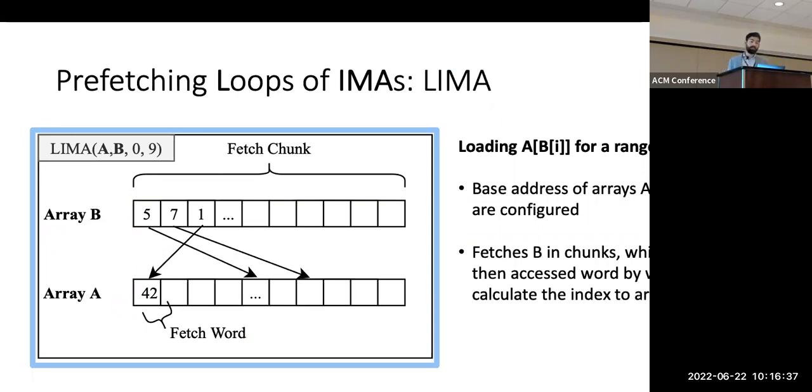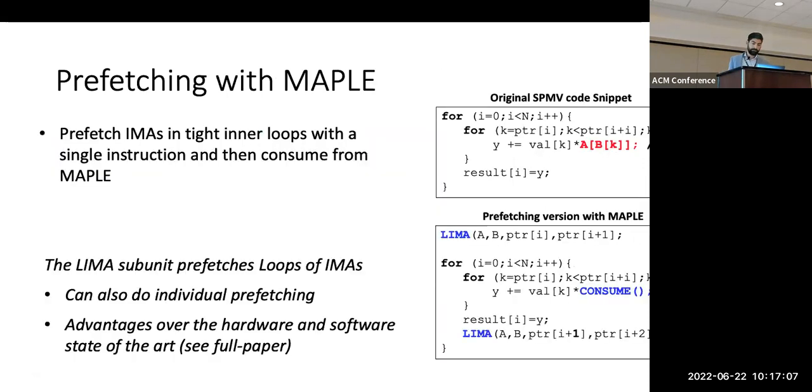So some sparse linear algebra kernels have IMAs in tight inner loops. Rather than issuing every operation independently, we fetch the whole loop with just one prefetch operation into hardware. So given the two base pointers A and B and a range, LIMA would fetch the whole loop in hardware and place the results on one of the queues that we saw previously from Maple, so that the execute core can consume it in a timely manner.